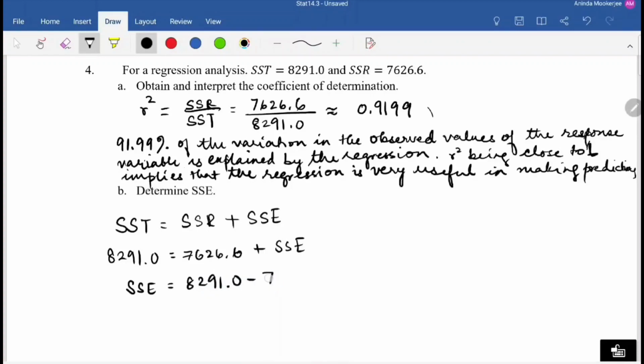You have to move the 7626.6 over to the other side. So it's 8291.0 minus 7626.6, which gives a value of 664.4, and that's the SSE value. If you know your SSR and SST, finding SSE is very simple.